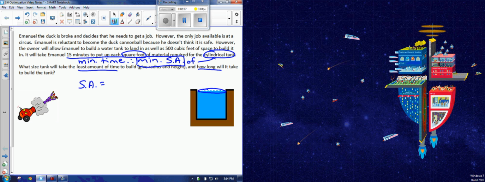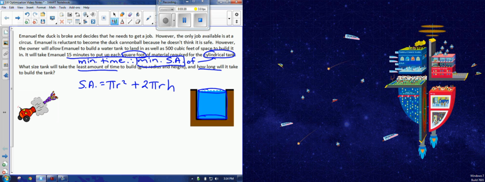If you look at this water tank, the top is going to have to be open, and then the bottom is closed. So for an open cylinder, the base is pi r squared, that's the area of the base, plus the lateral surface area is going to be the circumference 2 pi r times the height. So that represents the surface area of this open top tank.